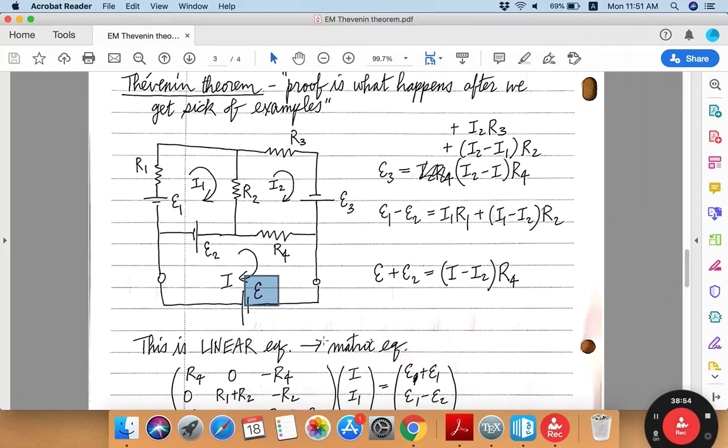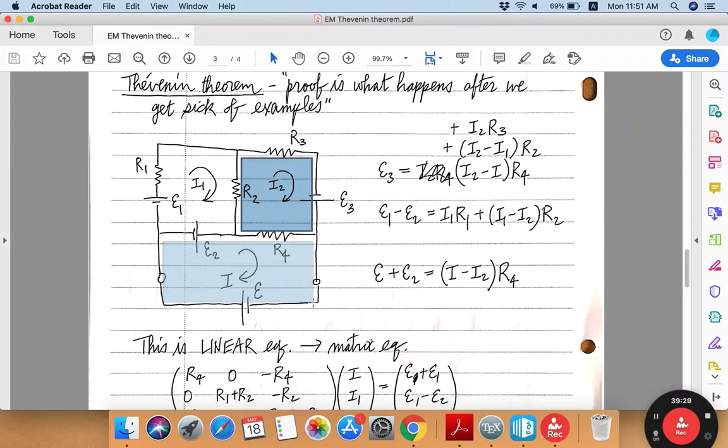Okay, so without explaining in detail exactly what it is that I want to prove under the name Thevenin theorem, I will just write down all the obvious loop equations that will be applicable to this particular arrangement of resistors and voltage sources. Here I have three loops which are independent.